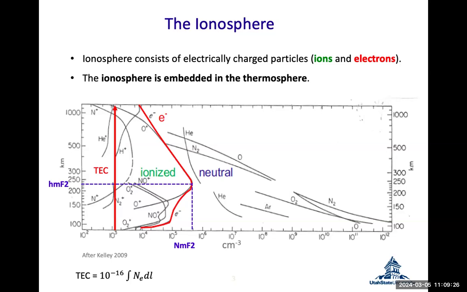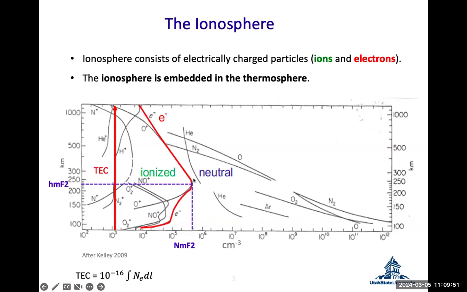Now, of course, the ionosphere is not alone in the upper atmosphere. It's embedded in the thermosphere. The thermosphere plays a very important role on the ionosphere, as we're going to see, and that's very important for the approaches that we're going to take for data assimilation. So you see here on the right a scale of the density, and you see the neutrals.